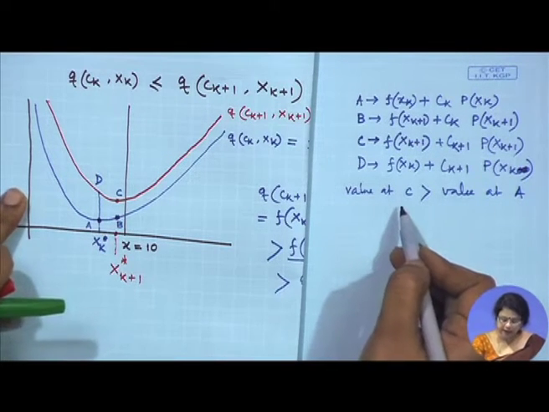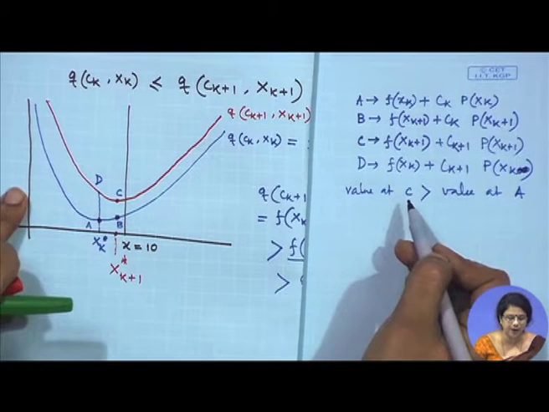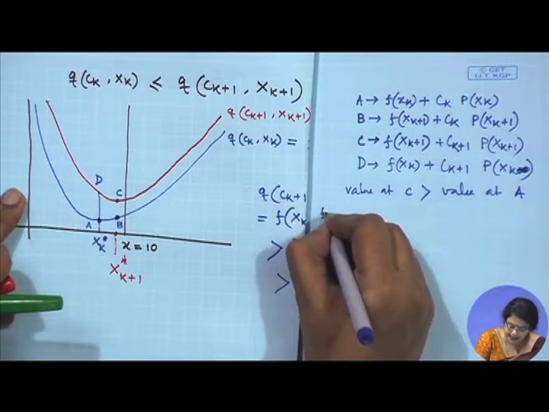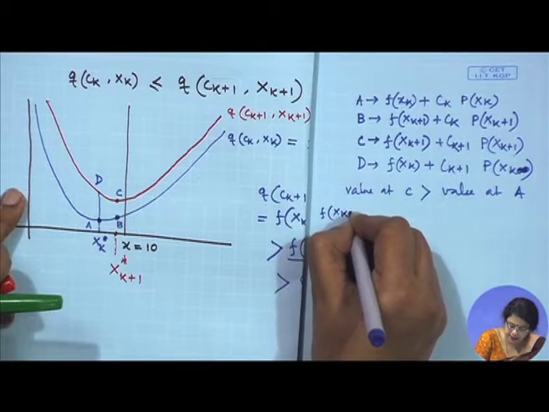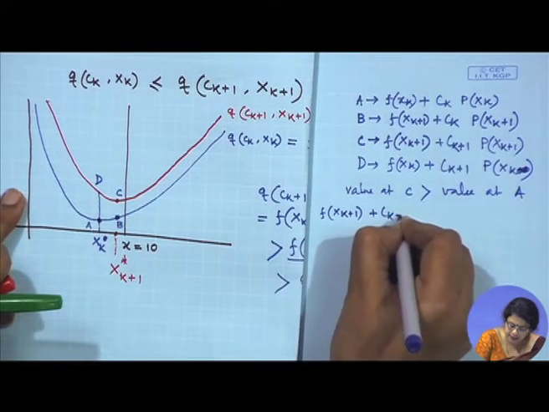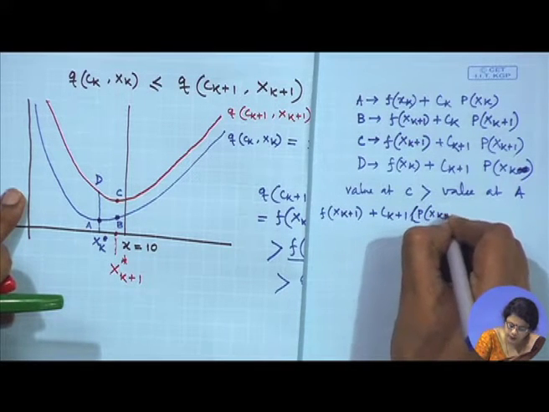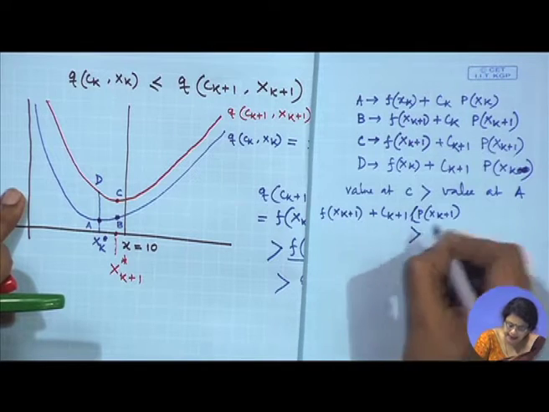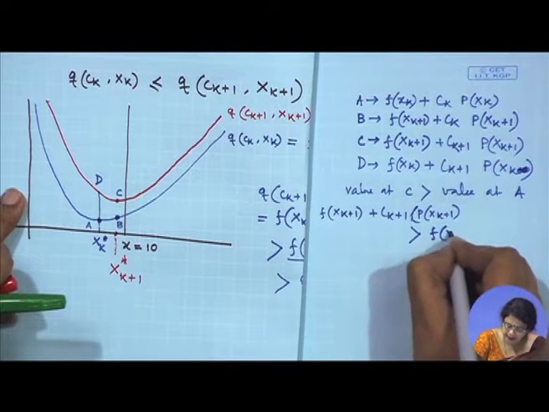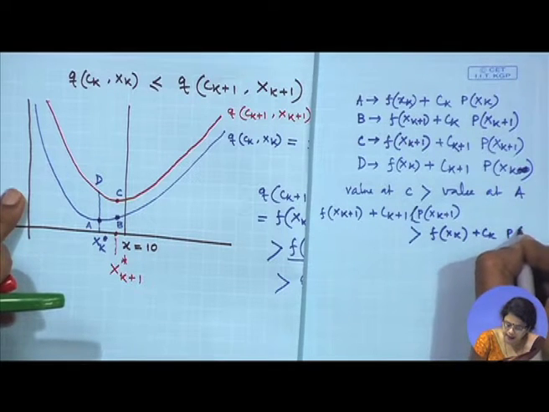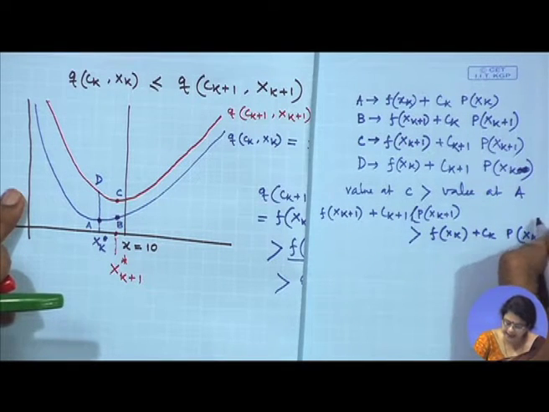Now, you see value at C is higher than the value at A. That is why we can say that f(x_{k+1}) plus c_{k+1} p(x_{k+1}) is greater than value at A, f(x_k) plus c_k p(x_k). Let me call it equation number 1.